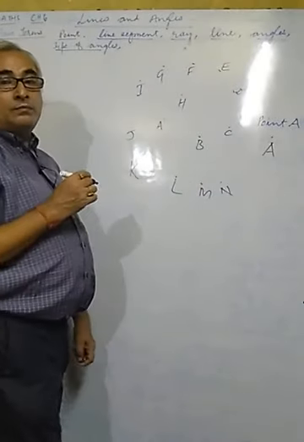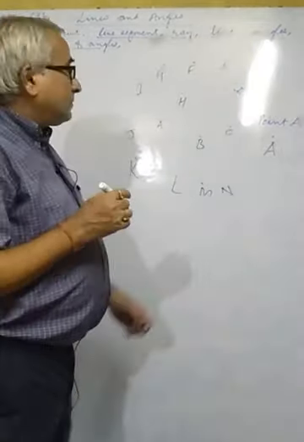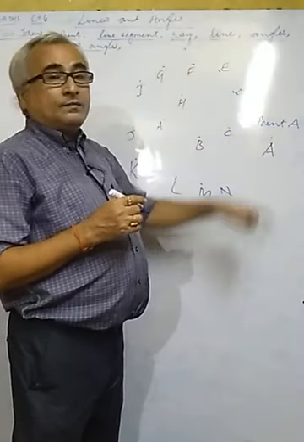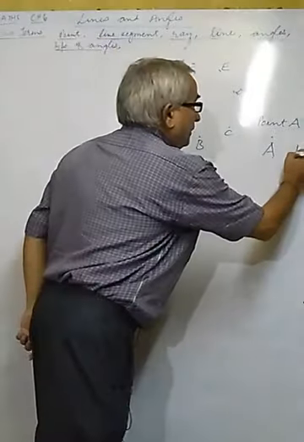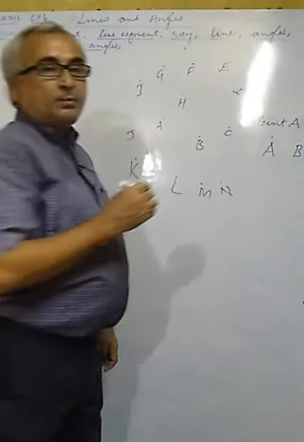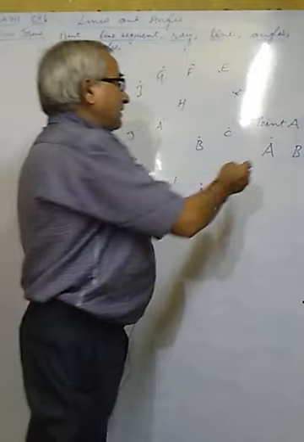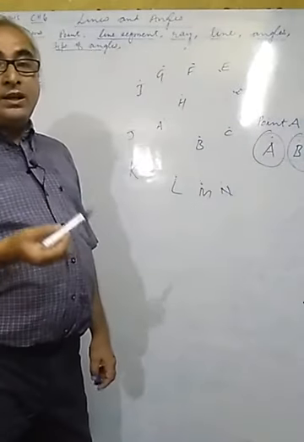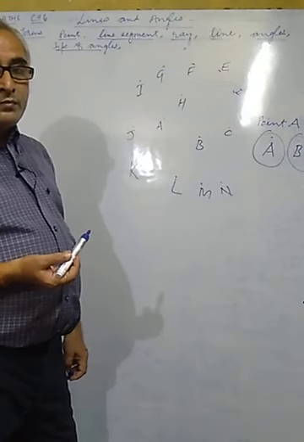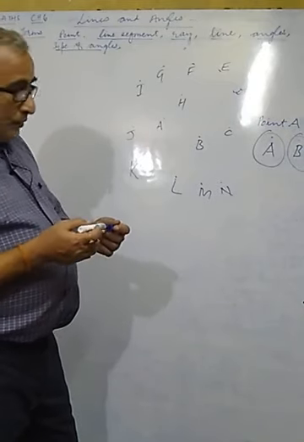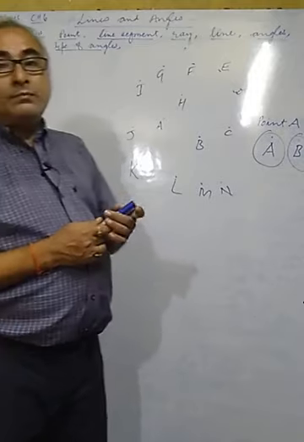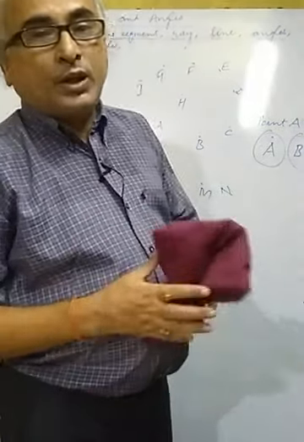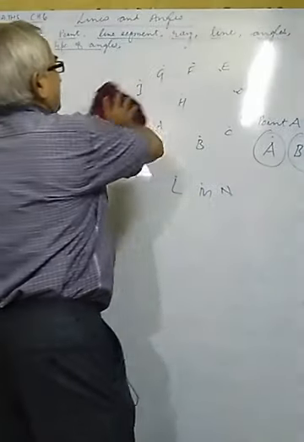So this will represent point A. Similarly, B and dot, this one is point B. So generally we represent symbolically. Both ways are there, it depends upon you. In this way, we can represent any point by any English capital letter.